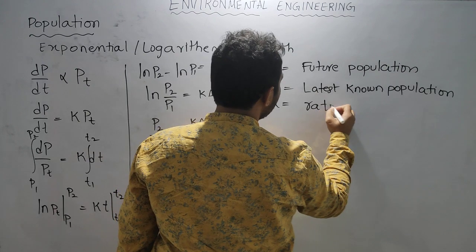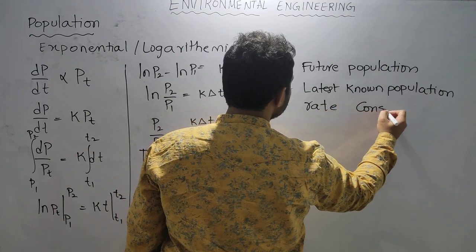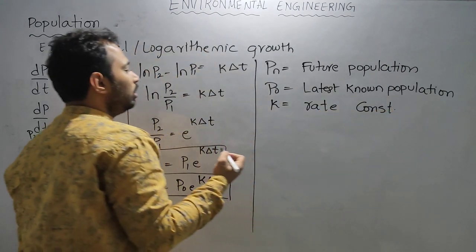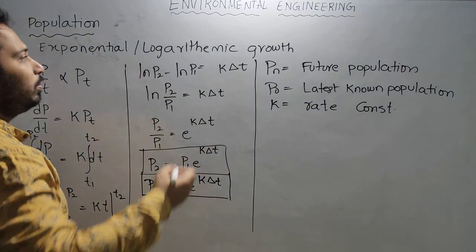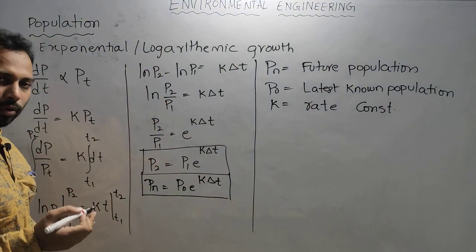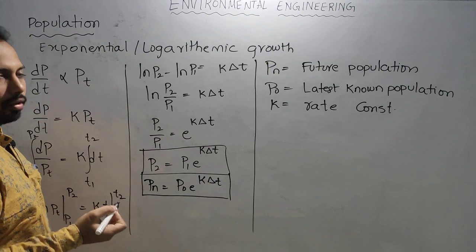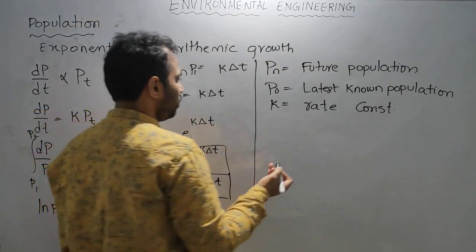This term will come everywhere. Rate constant means the slope of the curve. It indicates how the curve is varying. The rate constant depends upon the pattern of the curve.